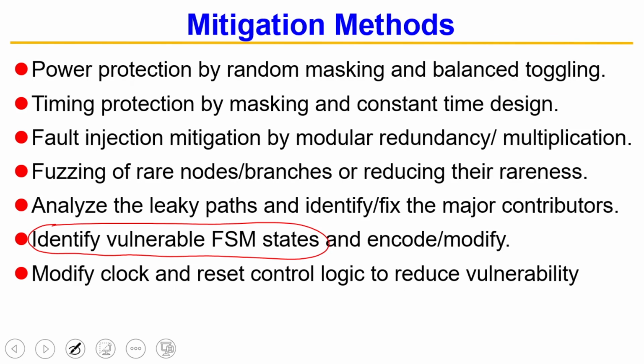When you talk about power level vulnerability, some form of masking is usual, and any time in the security domain you talk about masking, Nilanjan Pal is a leader in this area. If you have a variable x, you want to mask it with something.